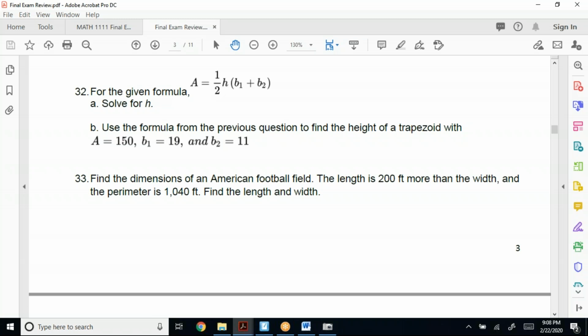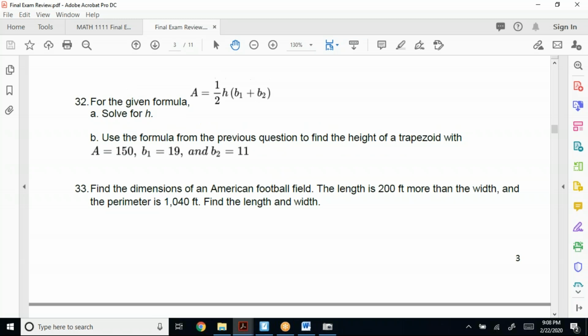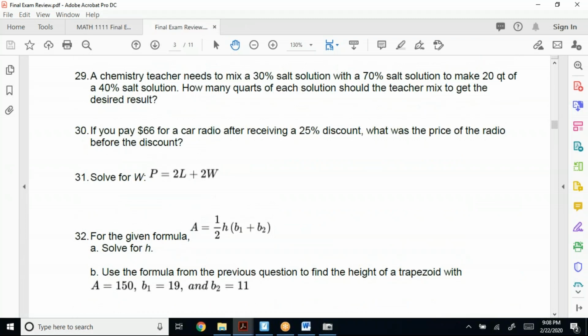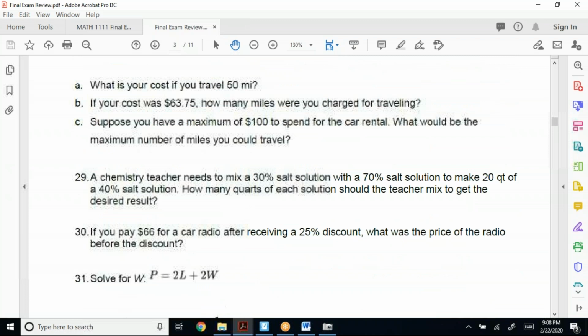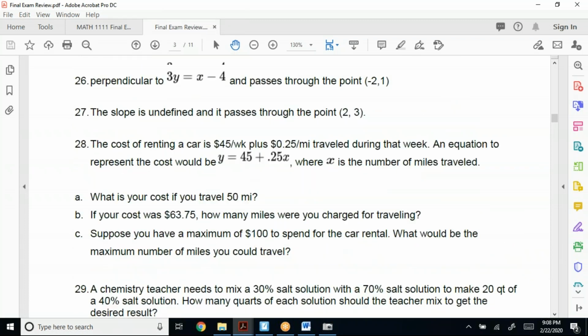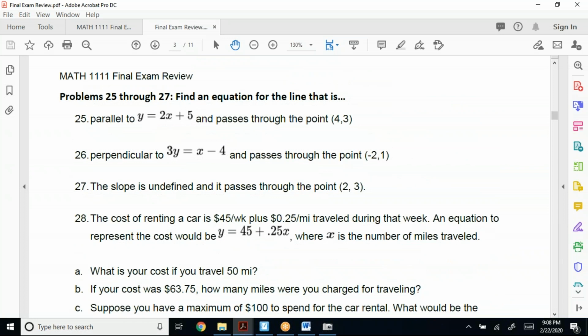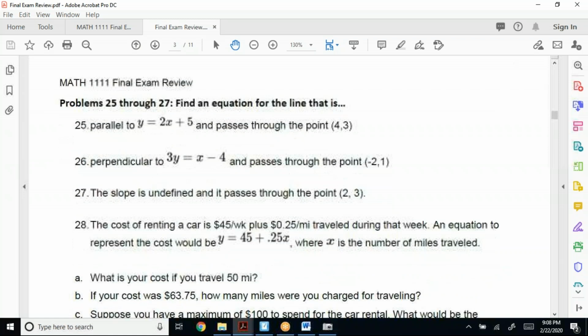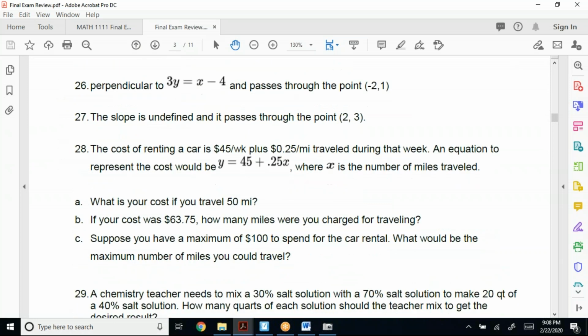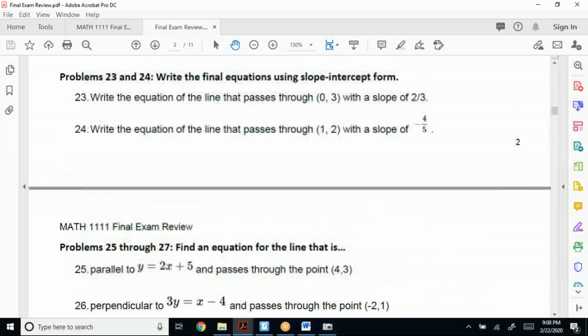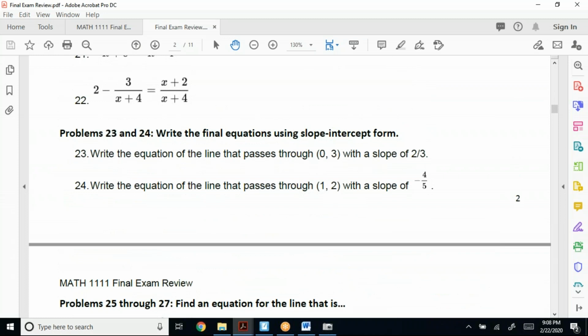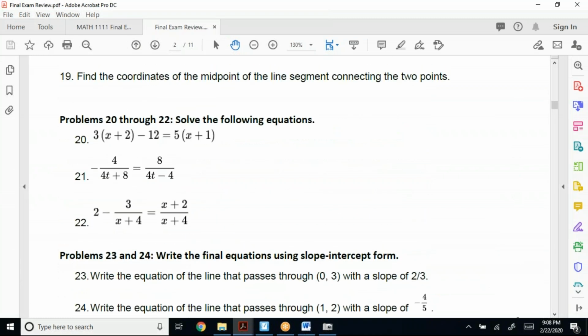I'd make sure I could do 33. Anything 25, 26, 27, right? Those are really good problems. Look at 28, because that's really a good linear problem to look at. 23, 24 are really good. I'd make sure I could do 22. Make sure you could do a problem like 22, okay?